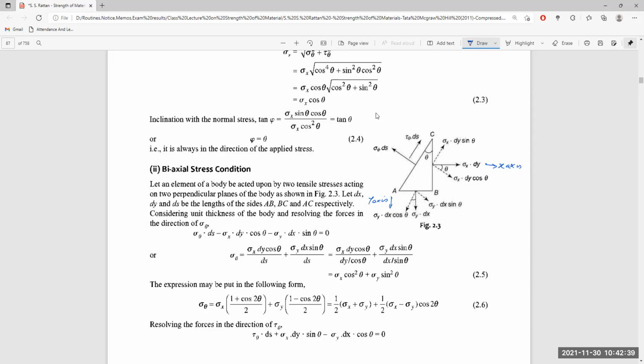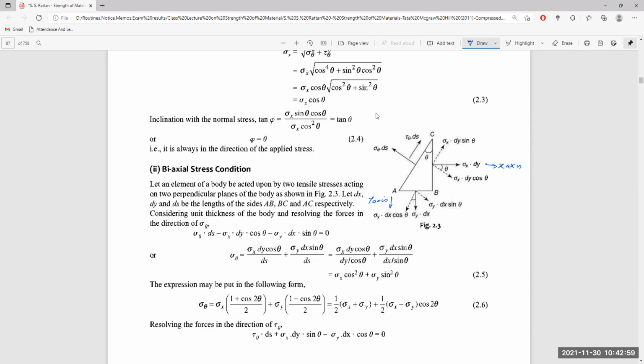What we have done, first of all, we have to know the component of the stress sigma x, and the component of stress acting first along the normal, sigma theta, and along the shear or tangential force, tau theta.